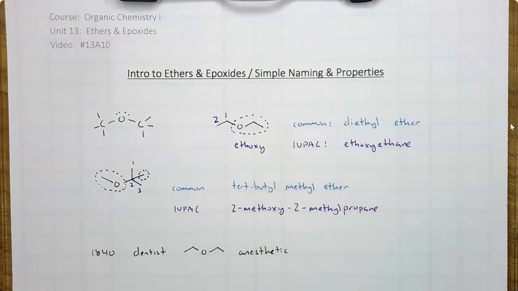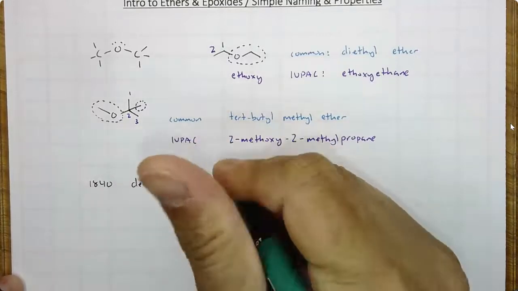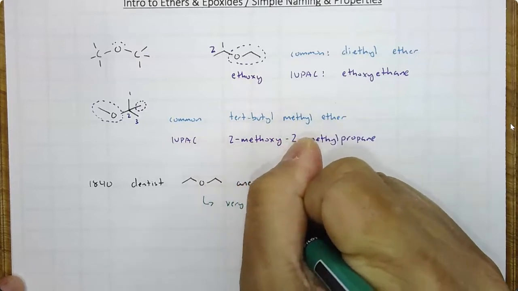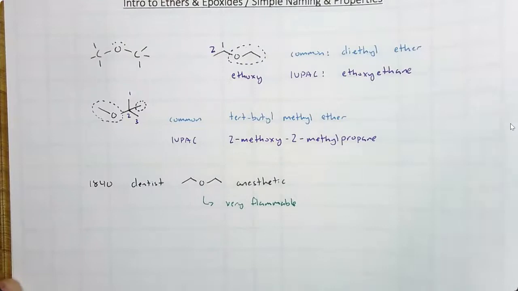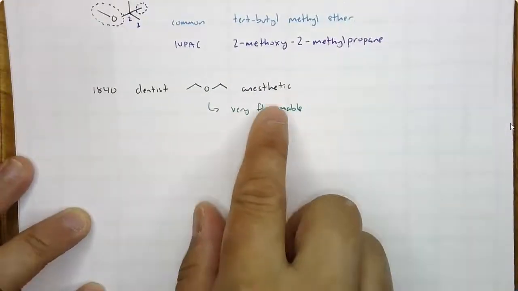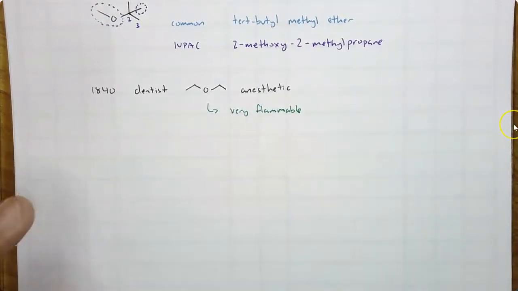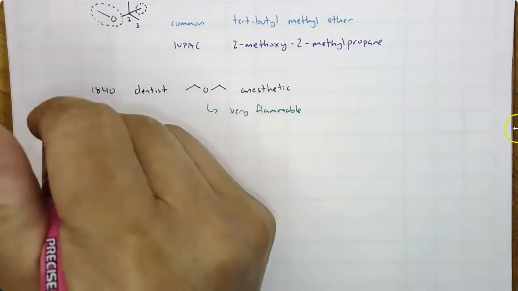The issue with this is that ethers are typically very, very flammable. And over the years, scientists have been making derivatives of ethers to still act as anesthetics, but reduce its flammability. And one of the more popular ones developed was isoflurane.